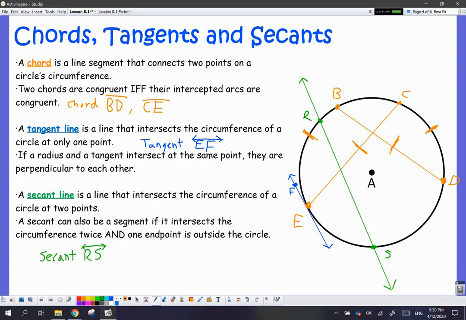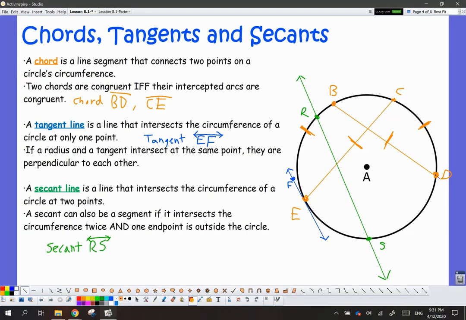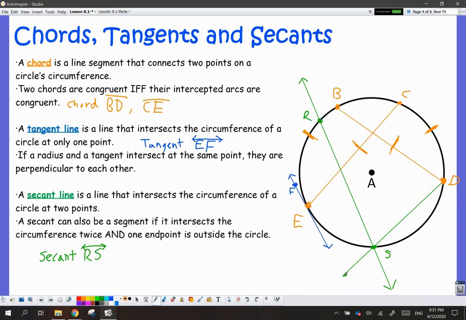But a secant can also be a segment if it intersects the circumference twice like RS does, and it also has one endpoint outside the circle. For example, let's say that I have a segment that goes through point D, goes through point S, and it finishes over here, and we'll call that one point Q.